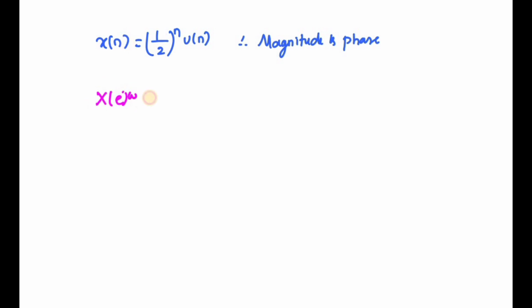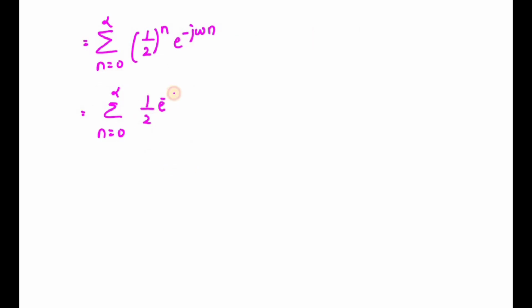X of e power j omega is equal to the summation n equal to minus infinity to infinity of x of n e power minus j omega n. Since it is u of n, I have to substitute from n equal to 0 to infinity, 1 by 2 power n e power minus j omega n, right. So this is equal to the summation n equal to 0 to infinity of 1 by 2 e power minus j omega, whole power n, right. So the formula for this one is 1 divided by 1 minus 1 by 2 e power minus j omega.